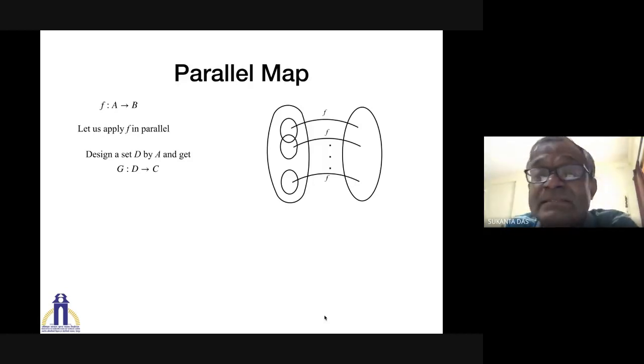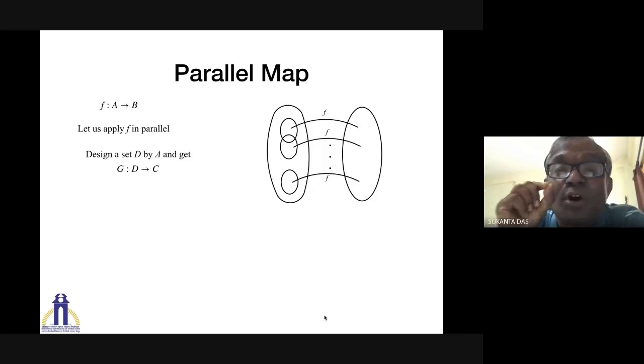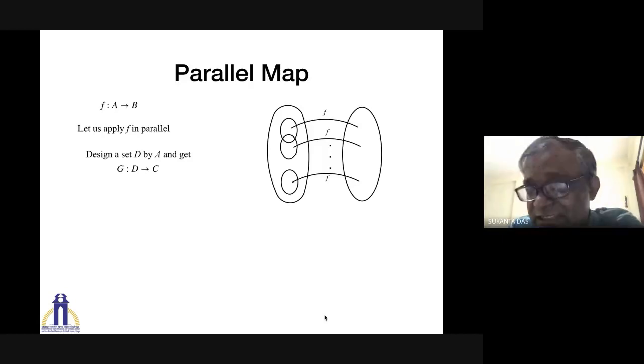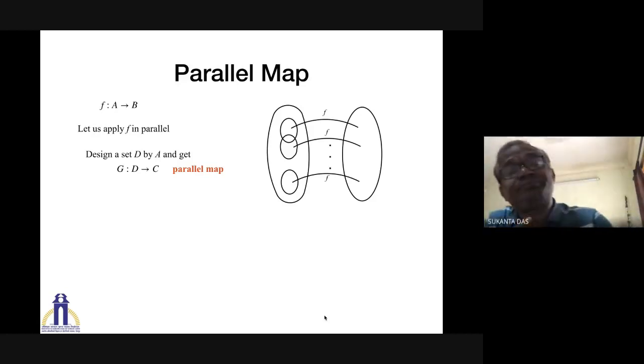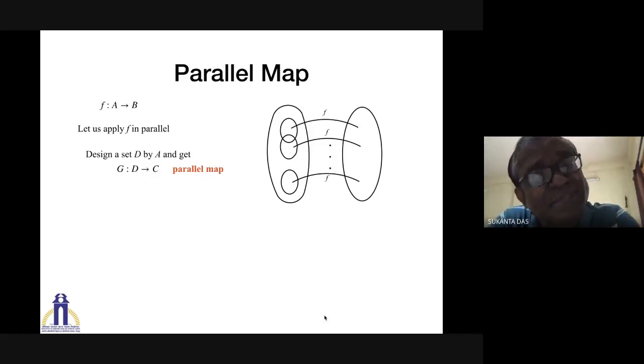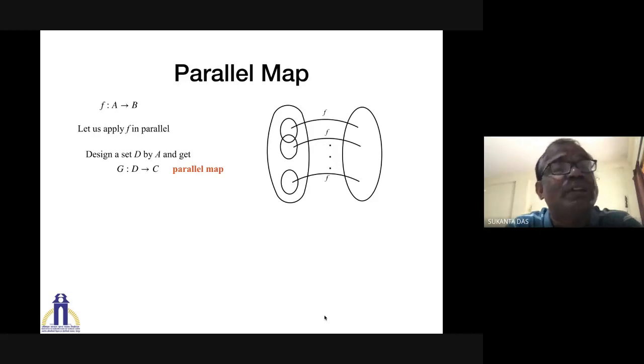What is the property? The property is that in G, the small f's are applied in parallel on the members of D. The members are a subset of D, you can say. This is called a parallel map. On the contrary, what have we seen before? First f, then g, or f to the power n.